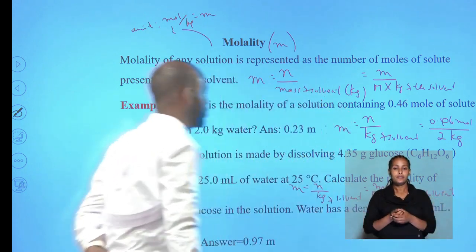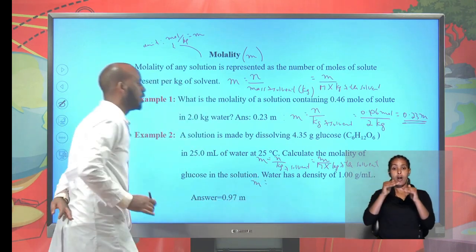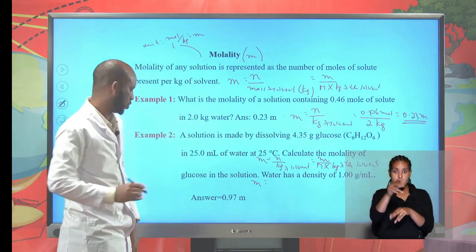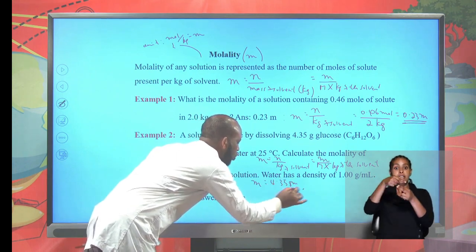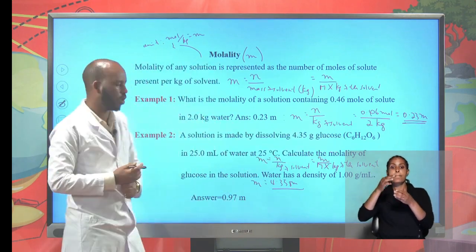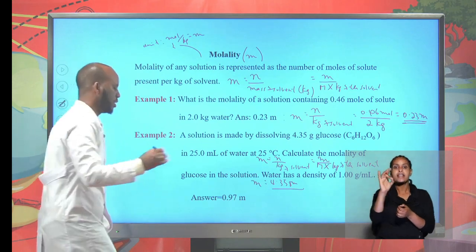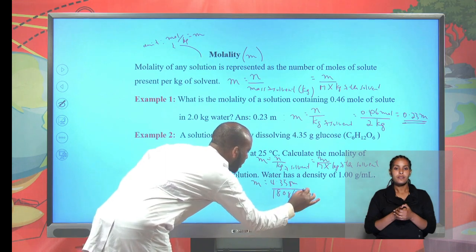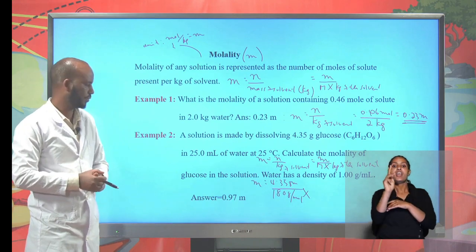Now molality equals mass of solute, 4.35 gram glucose, divided by molar mass of glucose, 180 gram per mole, times mass of the solvent in kg.